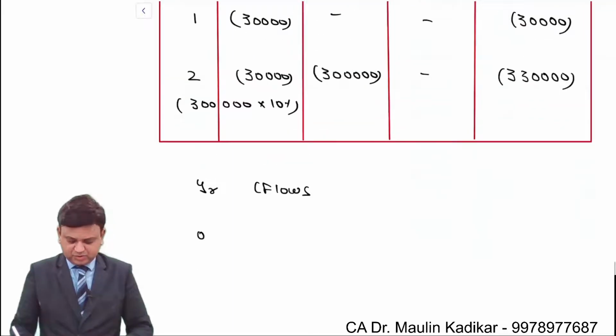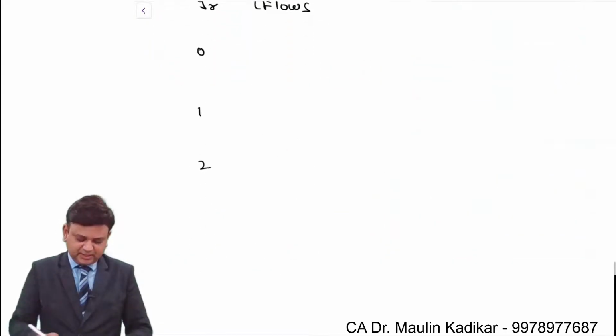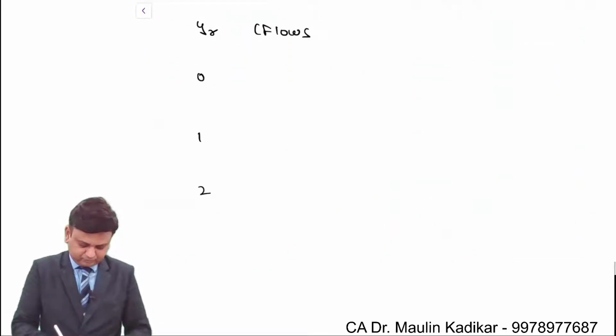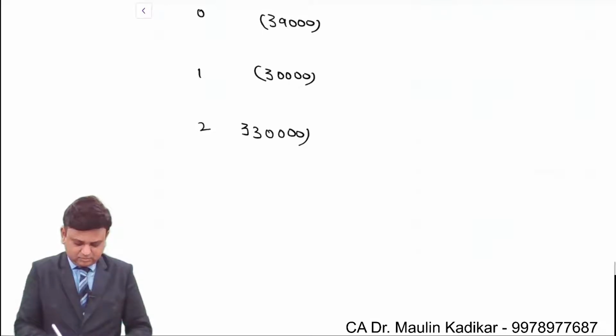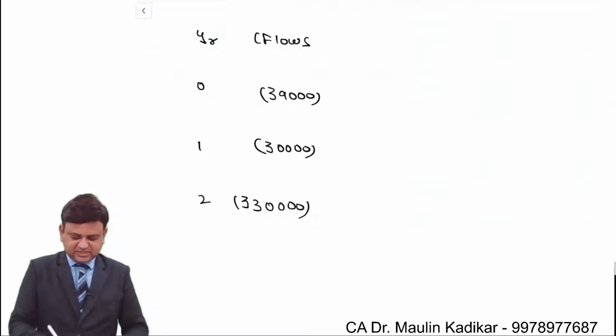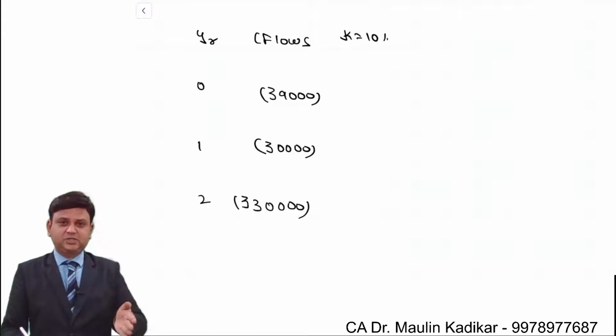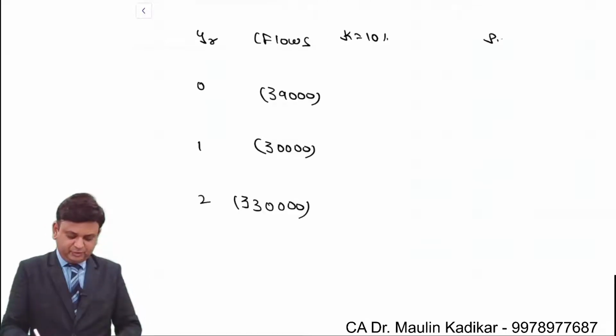Cash flows 39,000, 30,000 and 3,30,000. Now it is discounted, importantly, at the rate of 10%, that is the current cost of capital, to compute the present value.